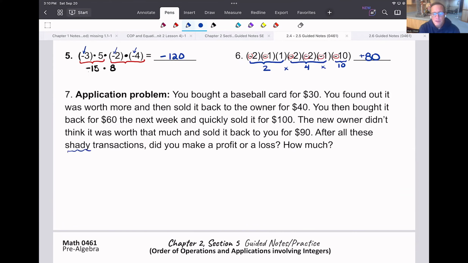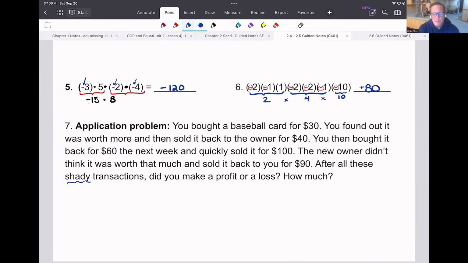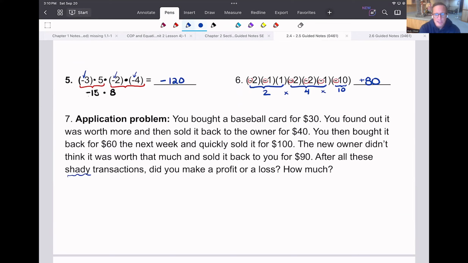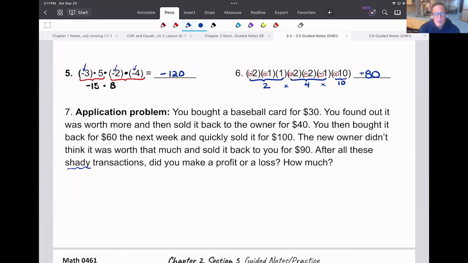All right, so now this isn't necessarily a multiplication. I think this is more addition, subtraction. But now just think of it like this. If you're buying something, you might be thinking you're getting something, so you might think of that as a positive, but think of your bank account. Think of what's happening to the balance, or just think about how much money is in your wallet.